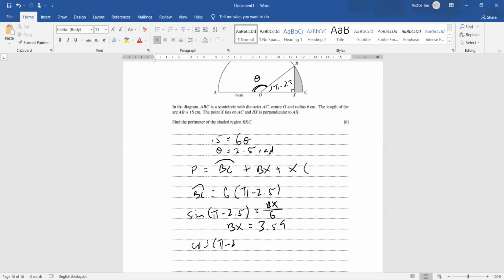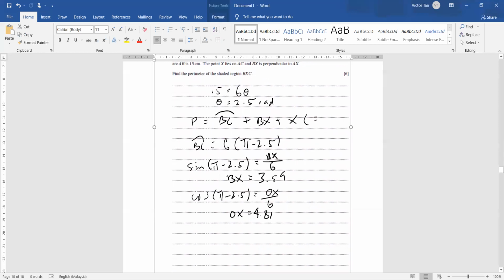Cos of pi minus 2.5 equals OX over 6. So OX equals 6 times cos of pi minus 2.5, which is 4.81. So XC is 6 minus 4.81, which is 1.19.